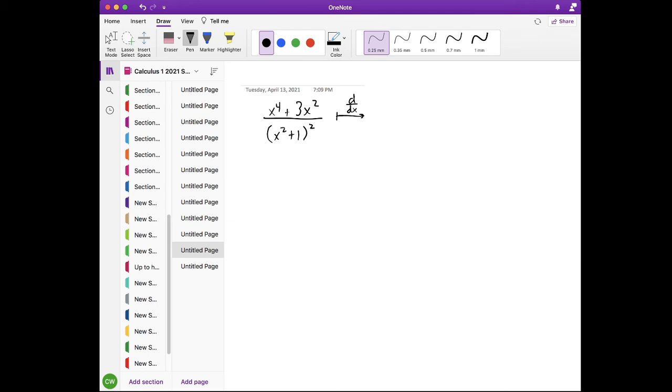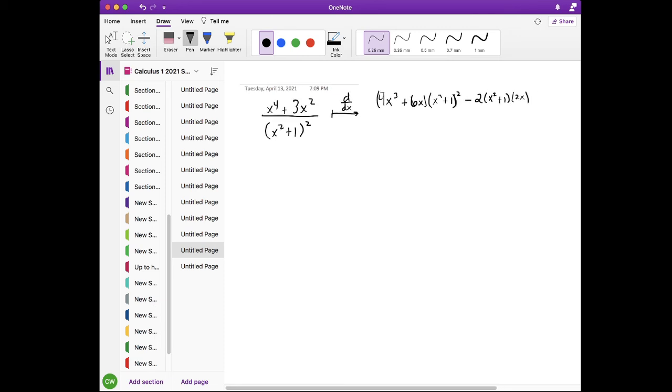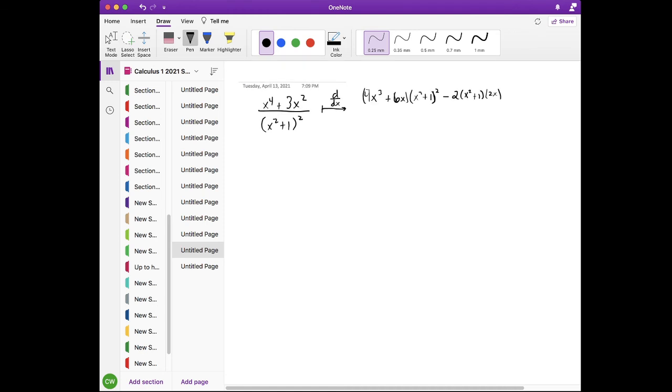Okay, so product rule. So 4x to the third plus 6x, and then x squared plus 1 squared, minus 2 times x squared plus 1, 2x, and then x to the fourth plus 3x squared.